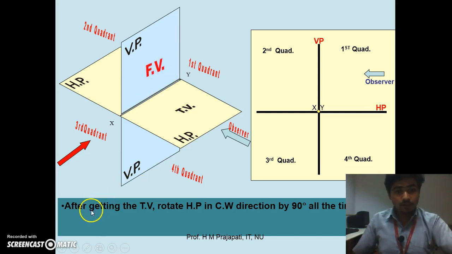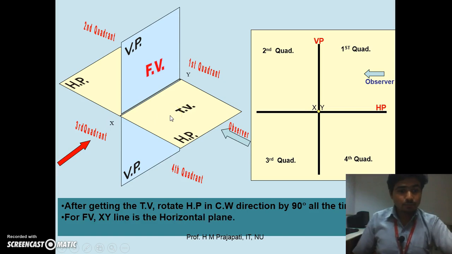The regular practice as per the standard is, after getting the top view, to rotate the horizontal plane clockwise by 90 degrees, so that it becomes a vertical plane. Then you can represent both the front view and top view in the same VP.